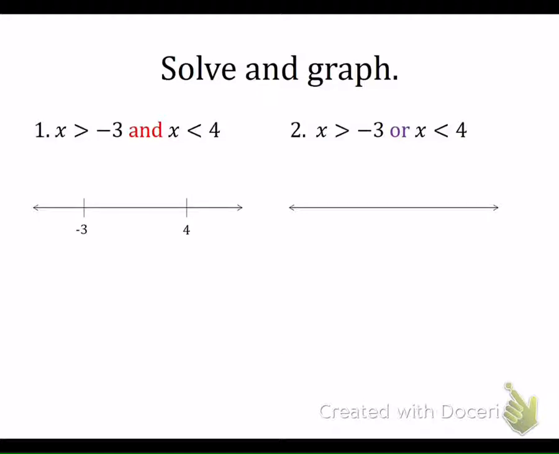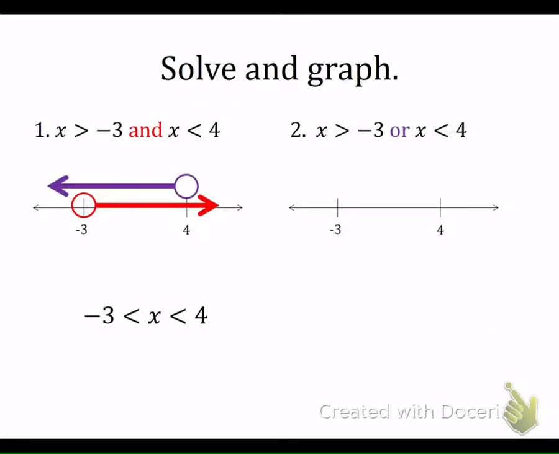What part of that graph is greater than -3 but also less than 4? Yeah, things like -2, -1, 0, 1, 2, 3. That's it. So that's the area that's in between those.